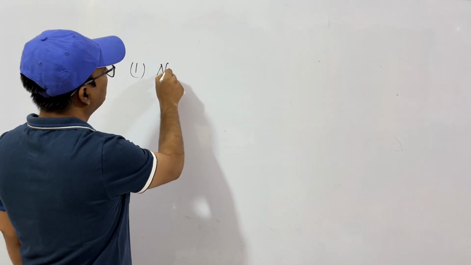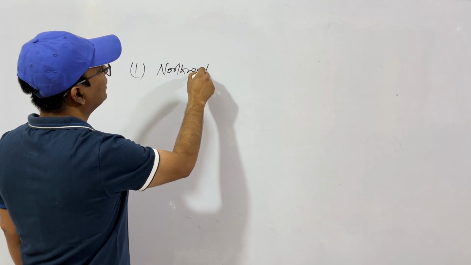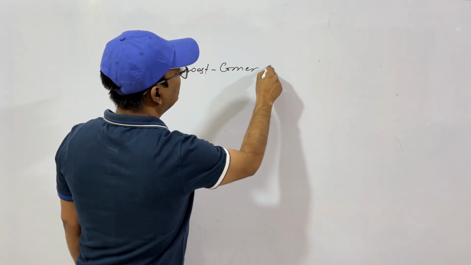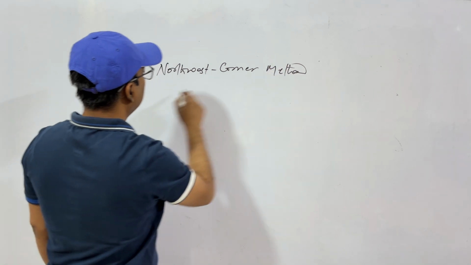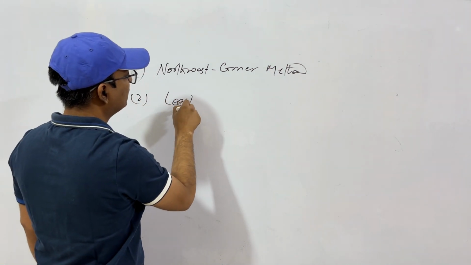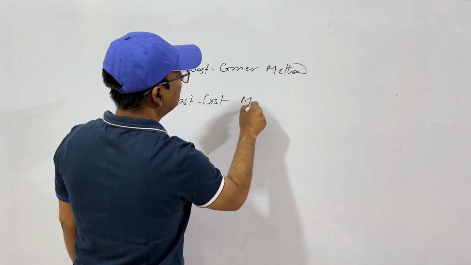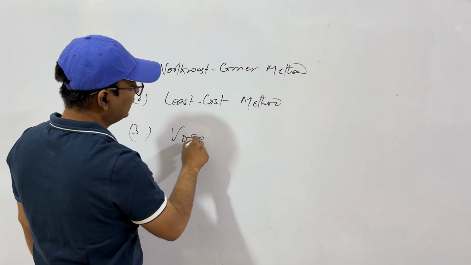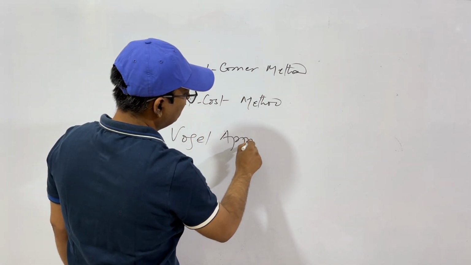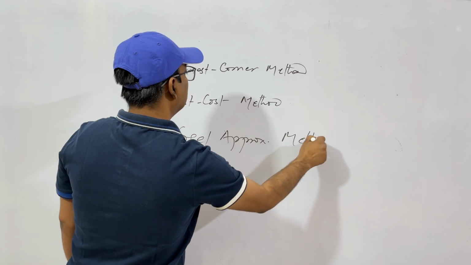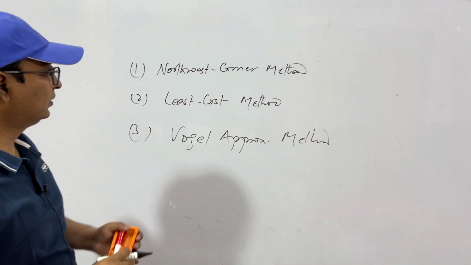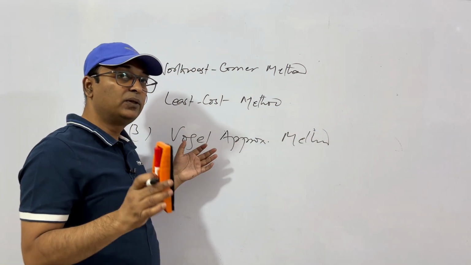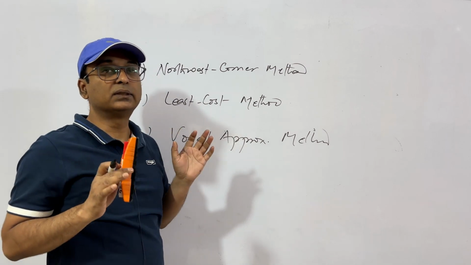First method is called northwest corner method. Second is called least cost method, and third is called Vogel approximation method. So these things we'll see in our next session. For now, you should understand what I have told you in this session.